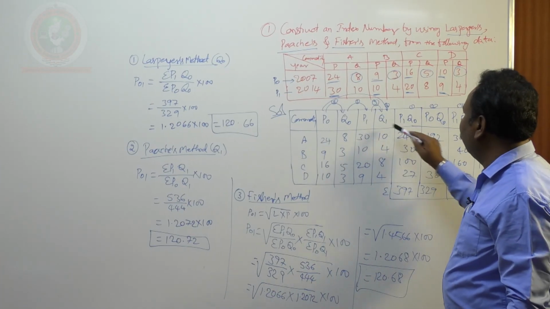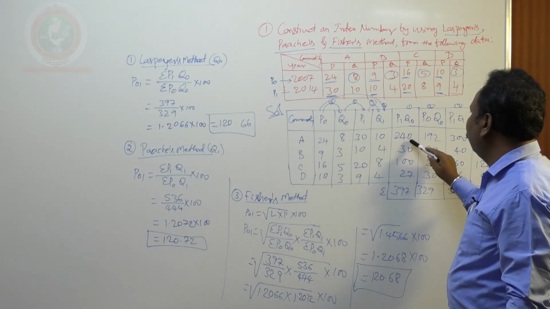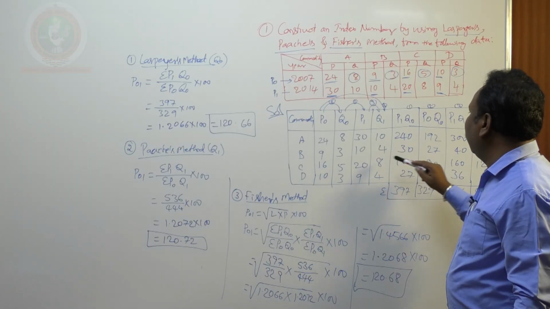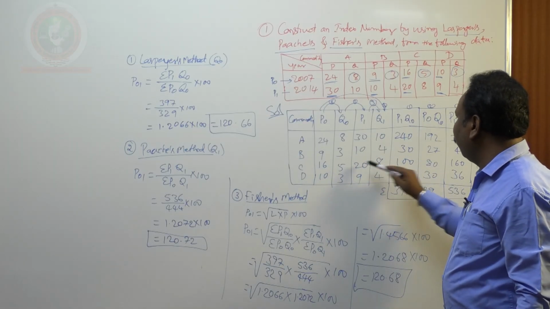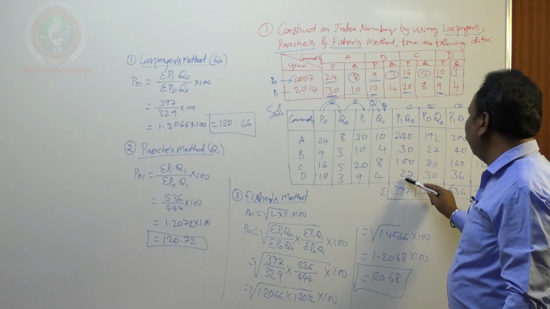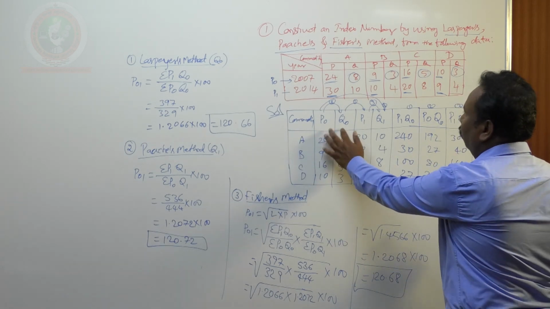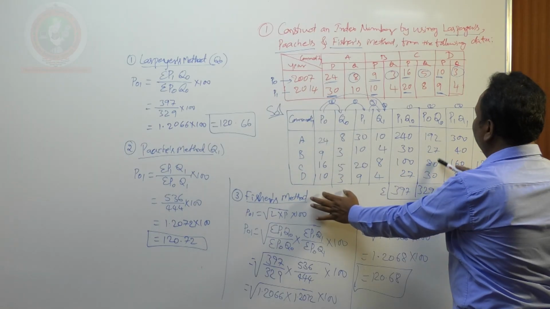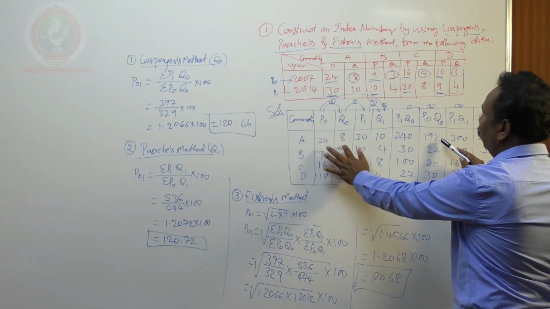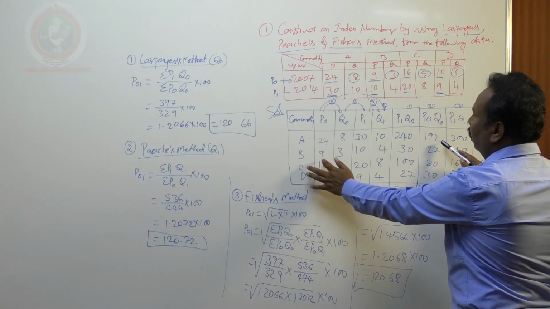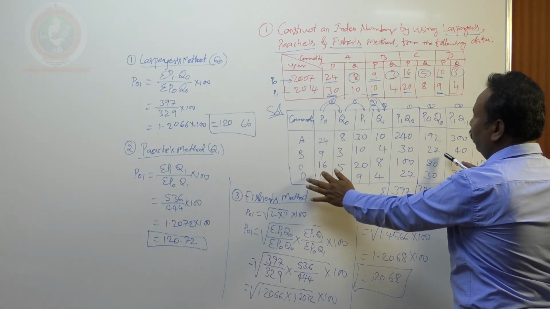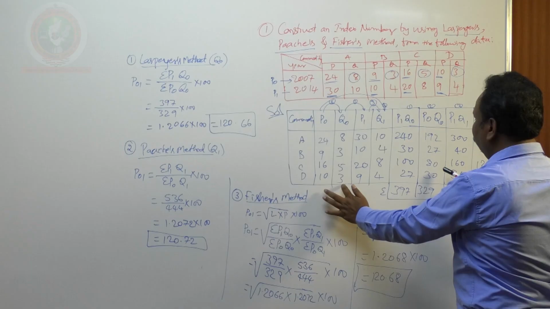multiplication of P1 Q0. So, that is 30 into 8, 240, 10 into 3, 30, 20 into 5, 100, 9 into 3, 27. Like that P0 Q0, multiplication of these two columns will get the values. 24 into 8, 192, then 9 into 3, 27, 16 into 5, 80, 10 into 3, 30.